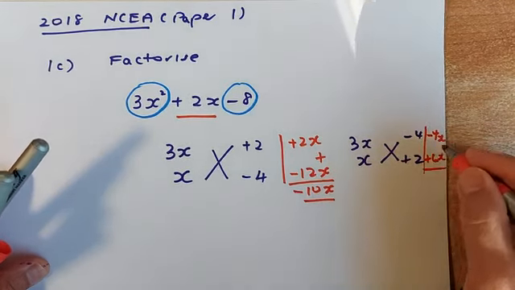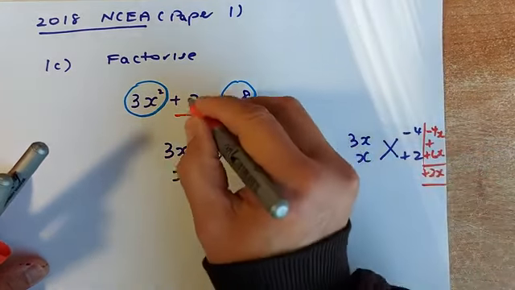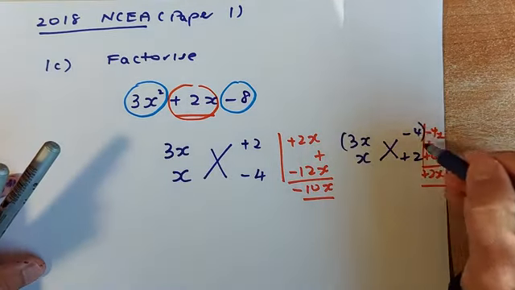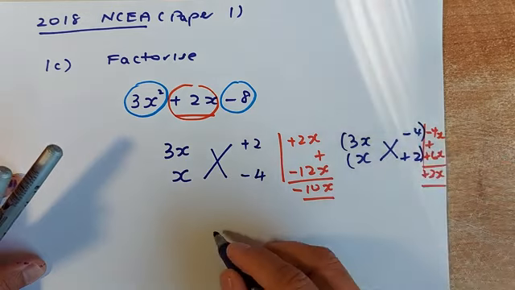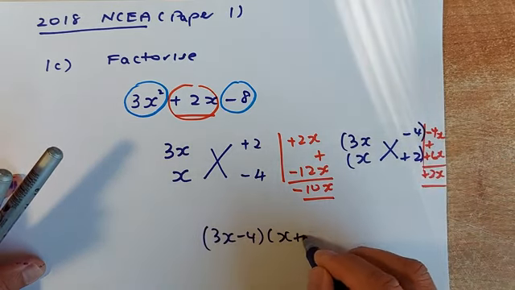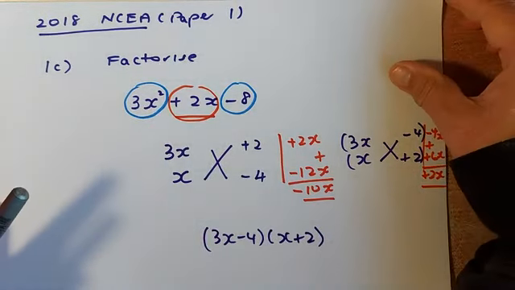If you add them up together, it's going to be plus 2x, and that's what you get, 2x. So that's right. So the next step, you're going to put a bracket around it. So the answer is going to be 3x minus 4, x plus 2. This type of question is called trial and error.